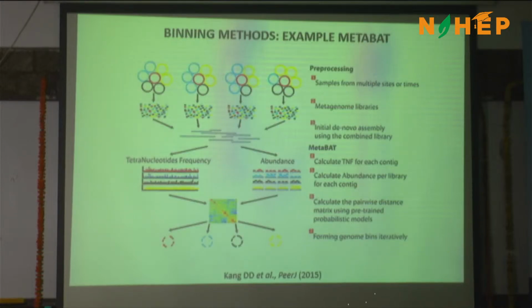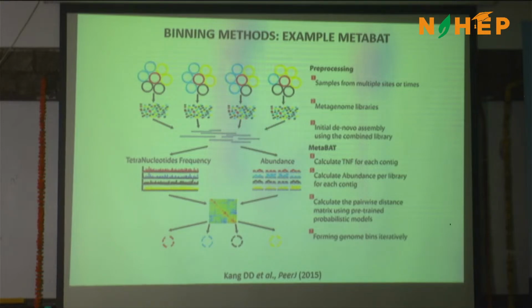Let's look at an example. Here we have, for example, MetaBat. MetaBat is a well-known tool for binning. What does it do? So this is the normal workflow: you process your metagenome, you get your libraries, you sequence everything, and at the end of the day, what you get is a de novo assembly of your metagenome.